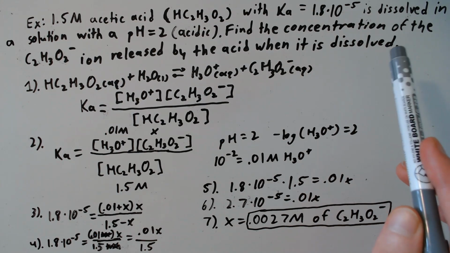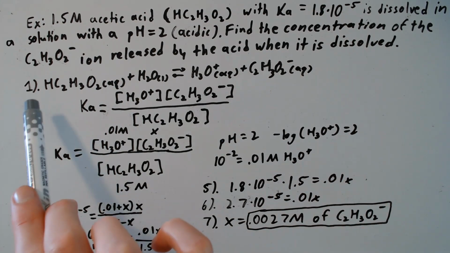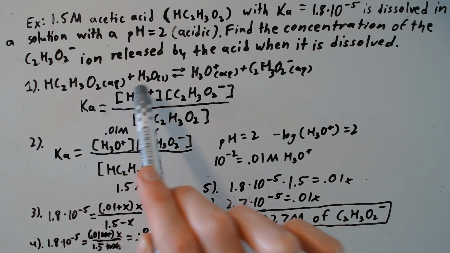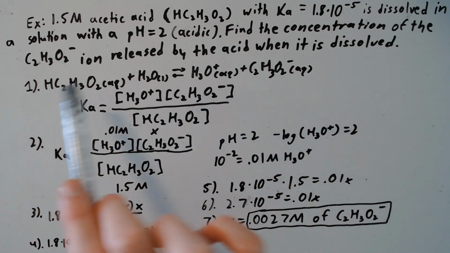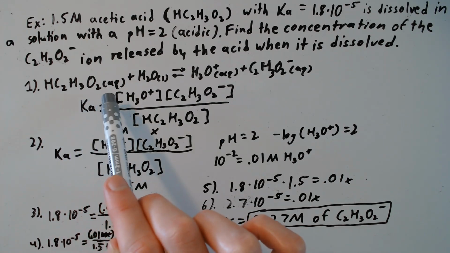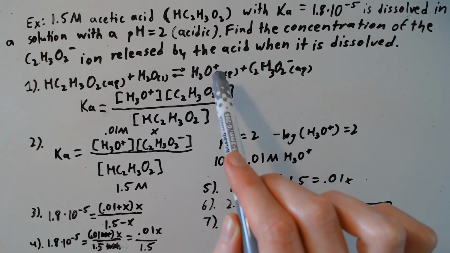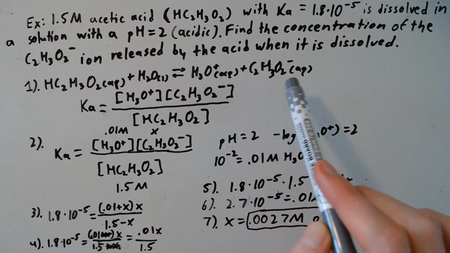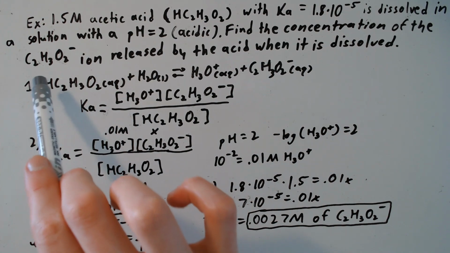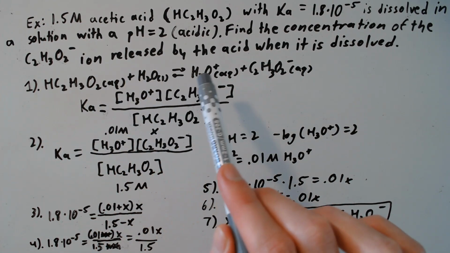In order to solve this problem, we first have to understand what is happening. The reaction for the dissociation of acetic acid is HC2H3O2 combining with H2O, and that will yield H3O+ and C2H3O2-, because the H from the acetic acid combines with the water and creates the H3O+.